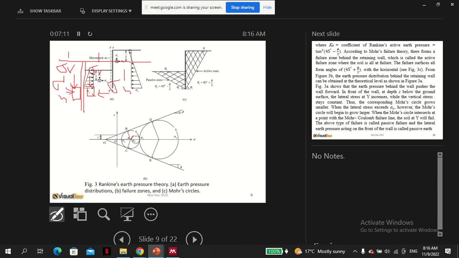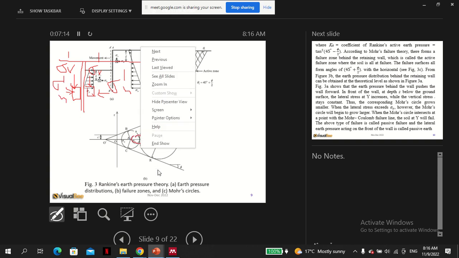So then that is represented by this small circle. Okay.